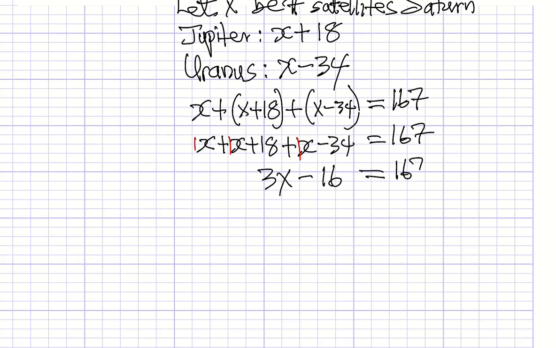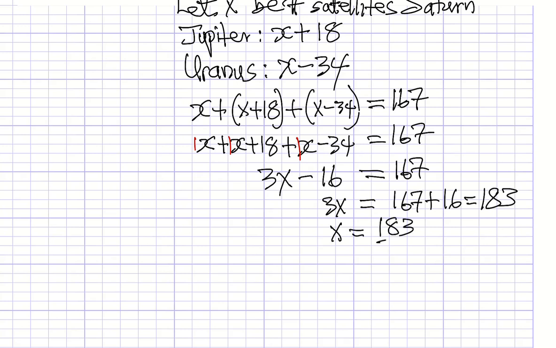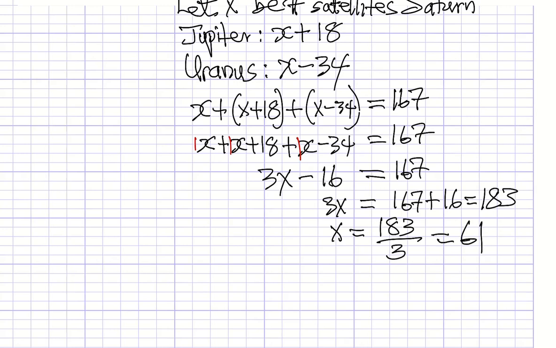So 3x minus 16 is equal to 167. Then you say 3x is equal to 167 plus 16. That would be 183. And then to get rid of 3 next to x, you divide by 3. You say x equals 183 over 3. When you do that, x will give you 61.